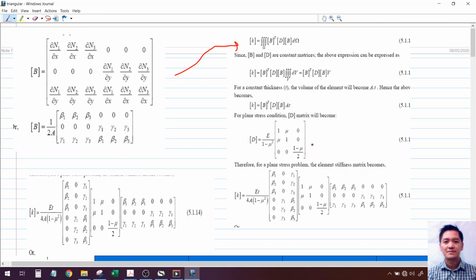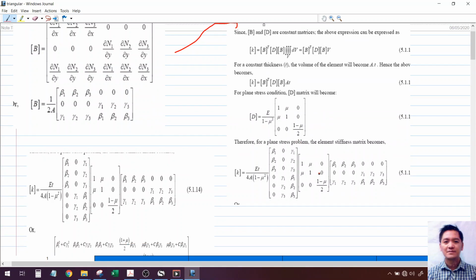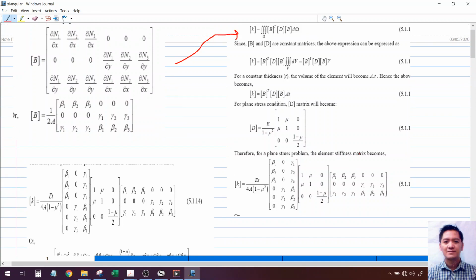Okay. Unlike with the beam and axial member, ang D matrix natin is simply what? E, the Young's modulus. Okay, for the plane stress condition in two-dimensional element, this is our D matrix. Okay, now plug in natin yan dito. Okay, your element stiffness matrix becomes ito na.